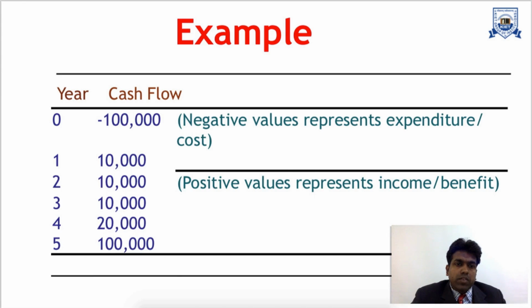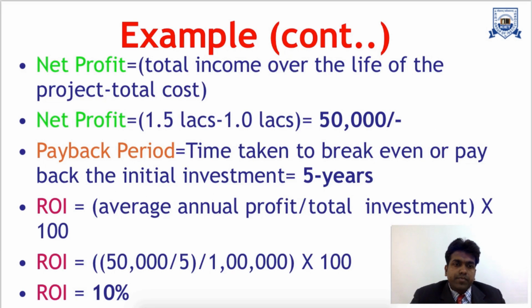First of all we can add this, and we will get 1.5 lakh, and divided by 5, as this amount came after 5 years. We can do it like this.